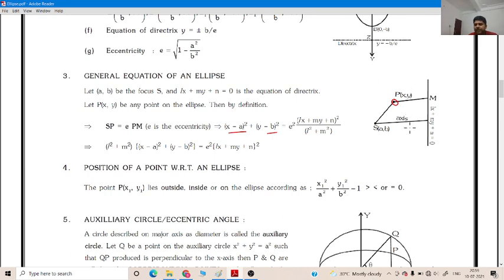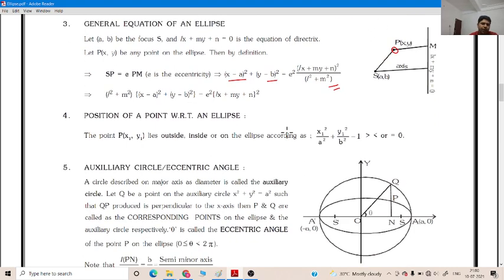Using the perpendicular distance formula lx plus my plus n equal to 0, then putting the coordinate, you have divided by root over l square plus m square, because of squaring. That is one of the important results from the general equation of an ellipse.